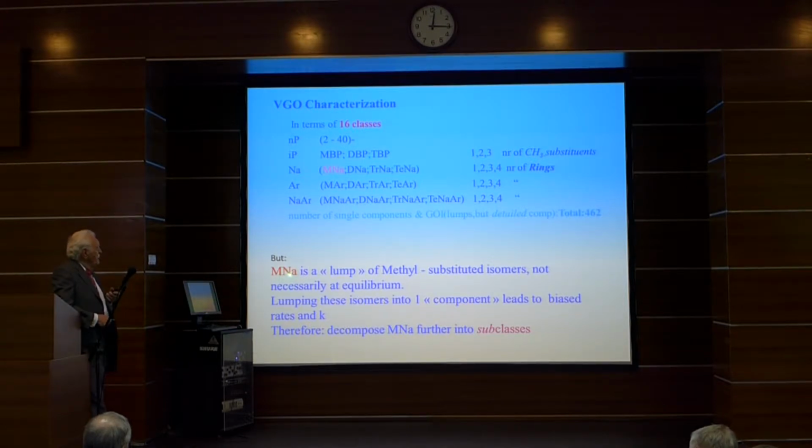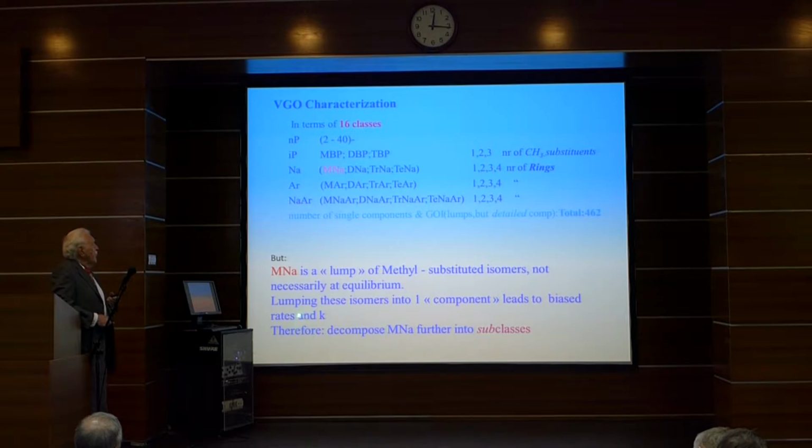And the mononaphthene is a lump of methyl-substituted isomers, not necessarily at equilibrium. And lumping these isomers into one component leads to biased rates of the reactions and biased rate coefficients.